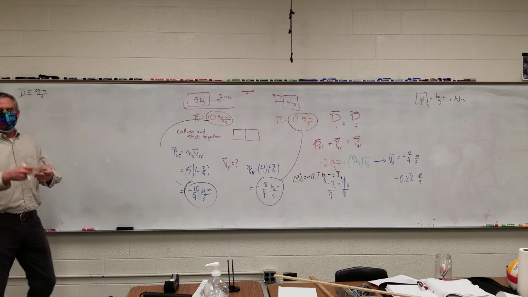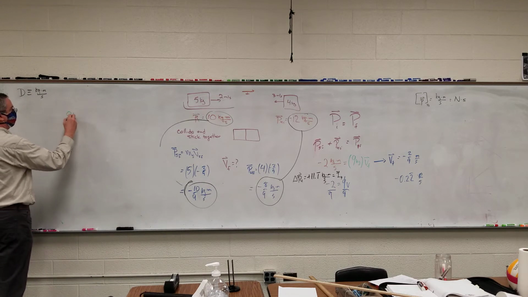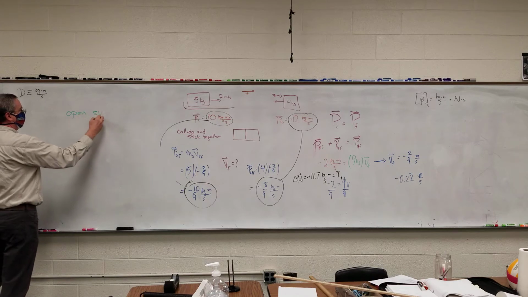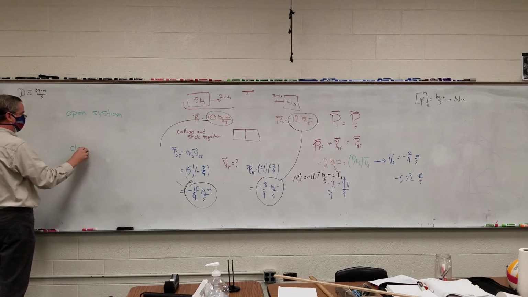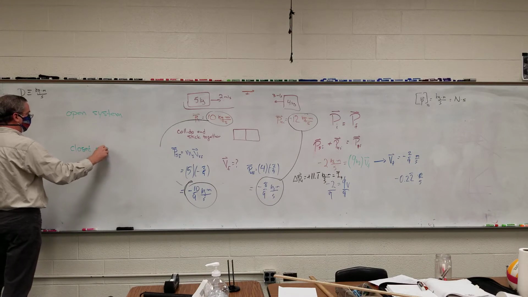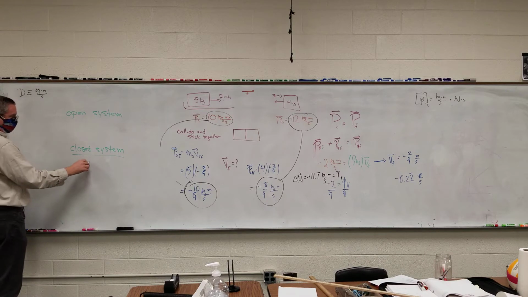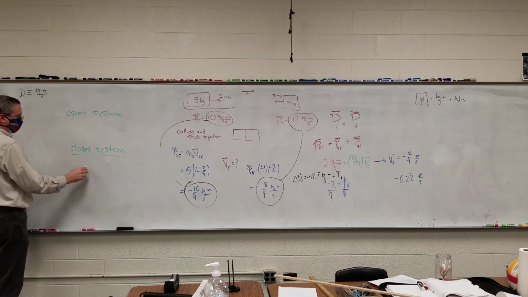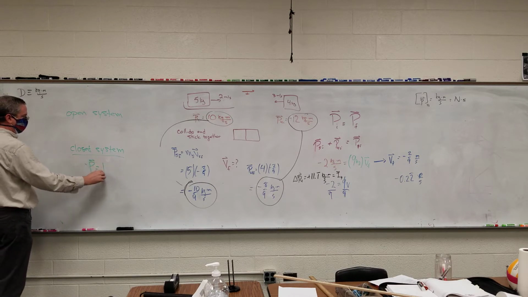So, when is momentum conserved, when is it not? This is when we get into open system and closed system. In a closed system, my initial momentum equals my final momentum.